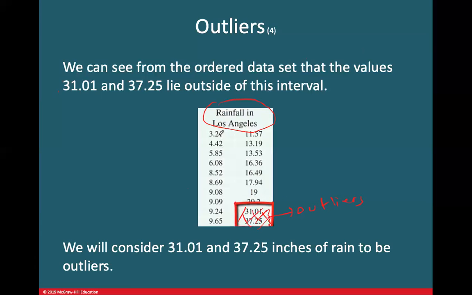Why? Most of the data is 3, 4, 5, 6, 8, 9, 9, 9, 9, 10, 11, 13, here 20, but after that it directly jumps to 31, after that 37. So there is no direct relation between these data members and the last data members.